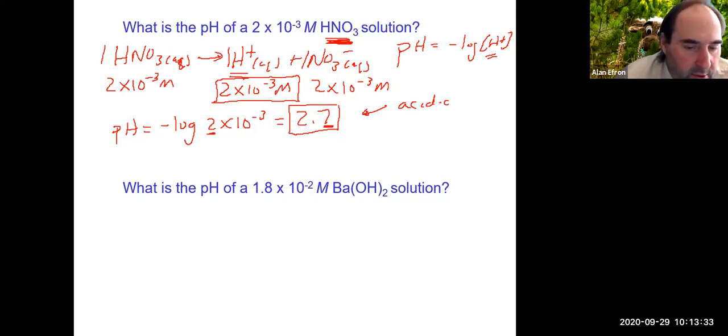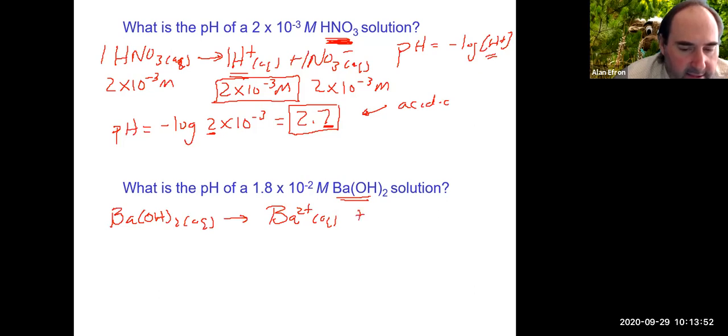Okay, so if we look at our second one here, this is barium hydroxide, and this is going to be a strong base. So the barium hydroxide will break apart as well, 100%, into barium ions and a couple of hydroxides.